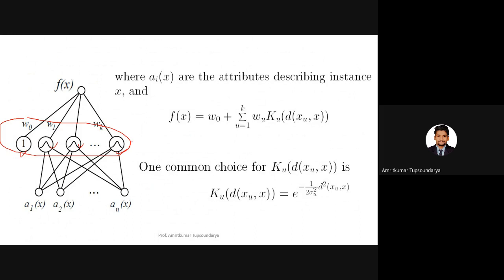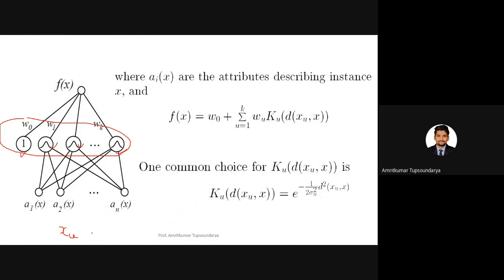Now these Gaussian functions are basically centered at some instances, let's name them xu. These Gaussian functions are centered at instances xu.